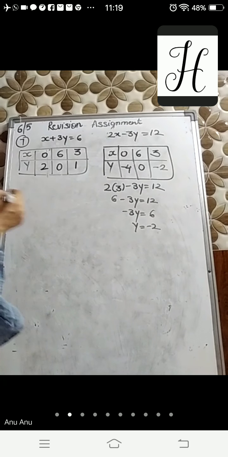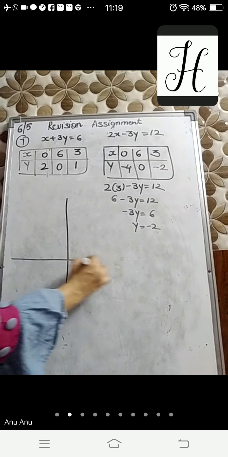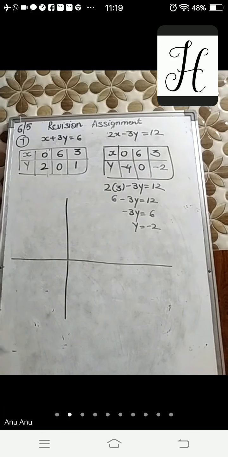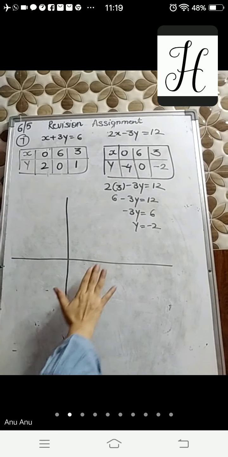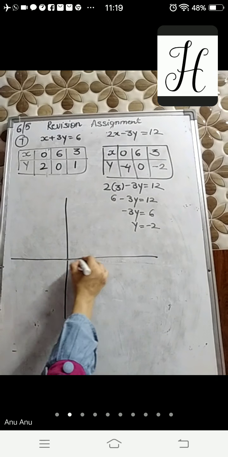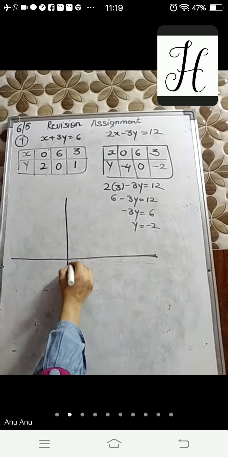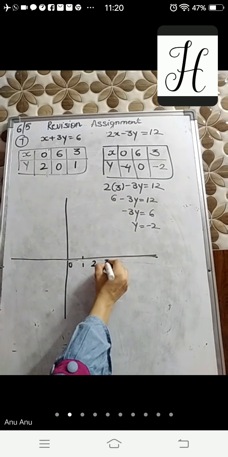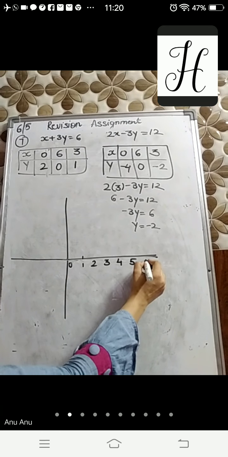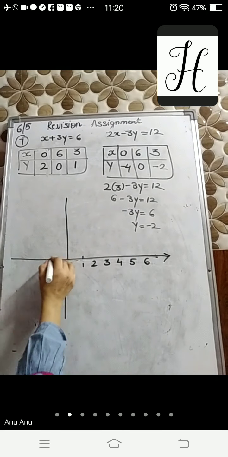Now let's plot the coordinate axis for this. I have to draw the complete coordinate axis. Why do we need the complete coordinate axis? Because the values are positive as well as negative. If all the values were positive, then you could simply draw the first quadrant. But now here you have to draw all. This is 0, 1, 2, 3, 4, 5, 6. 6 is the maximum value, so you will take till 6.